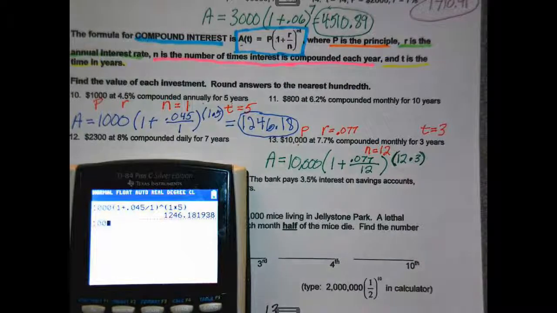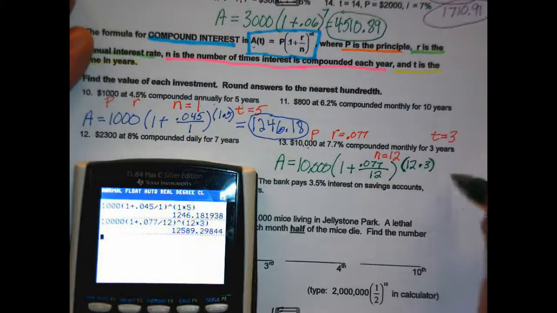Okay, 10,000 times 1 plus 0.077 divided by 12. We're going to raise it to the 12 times 3. We get 12,589.30.